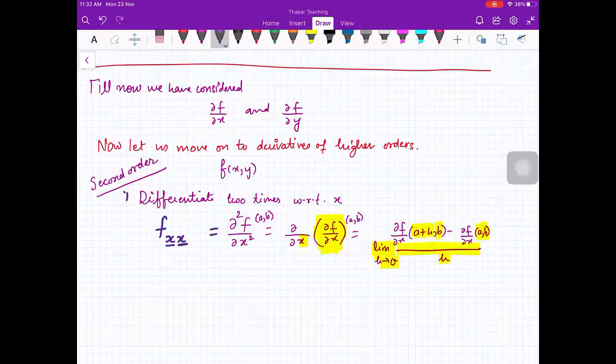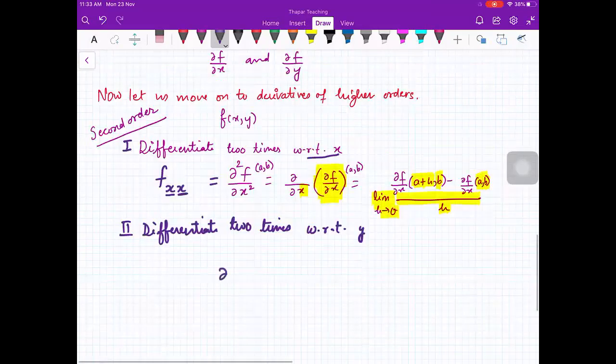So second is differentiate two times with respect to y. So you can have curly 2f by curly y square. It means curly by curly y, at a point (a, b), of curly f by curly y at (a, b).